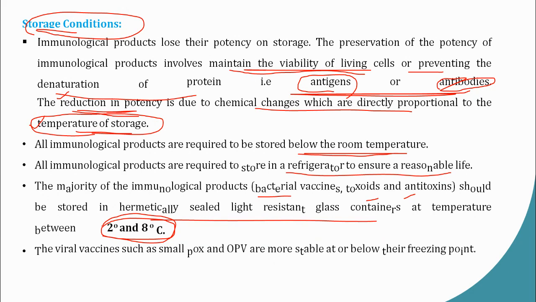This is the most important temperature at which most of the immunological products are stored. A few are exceptional cases. The viral vaccines such as smallpox and oral polio vaccines are more stable at or below the freezing point. Okay, these are regarding the storage conditions of the vaccines.